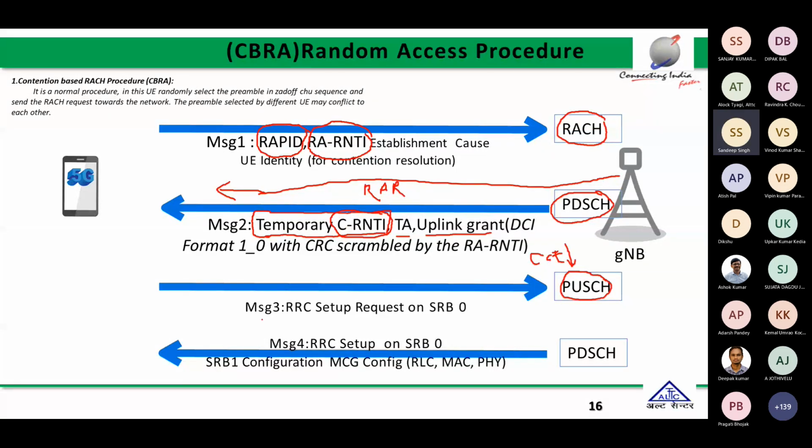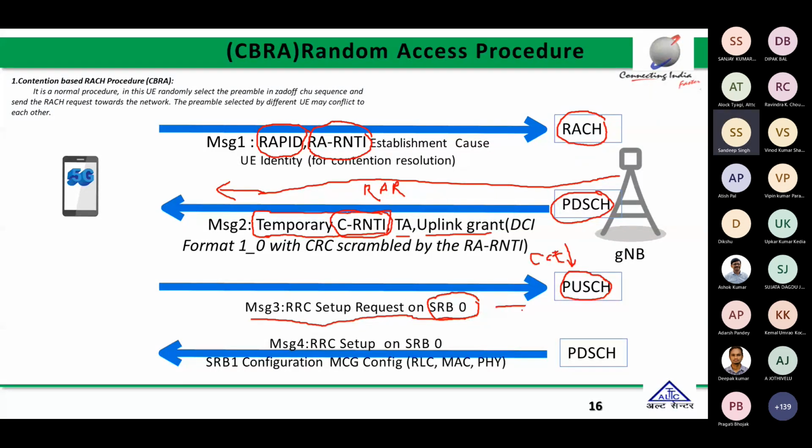They send it on the PUSCH channel, and it is a setup request on SRB0. This is where the signaling radio bearer is created. That is the common control channel. There are two types of signaling: common control signaling on the common control channel, and dedicated control signaling on the dedicated control channel.